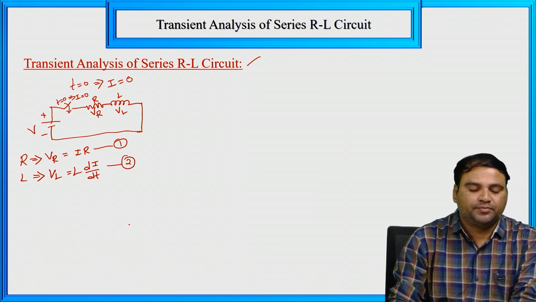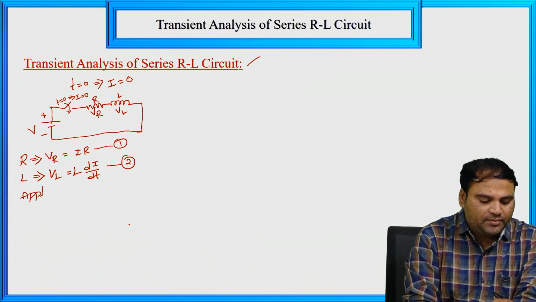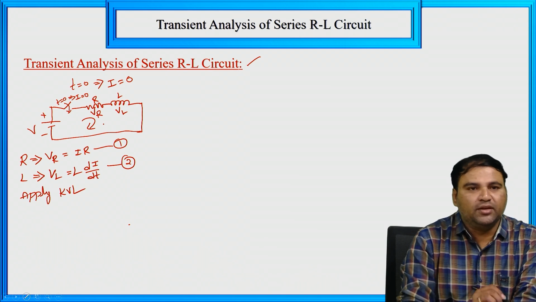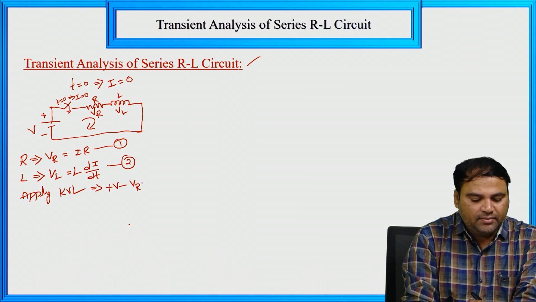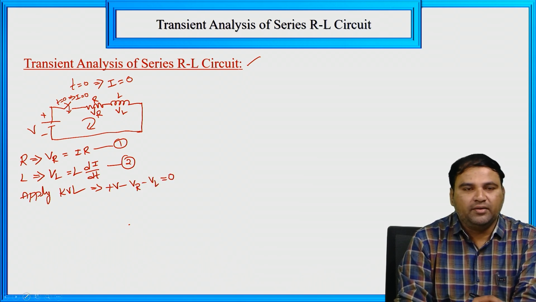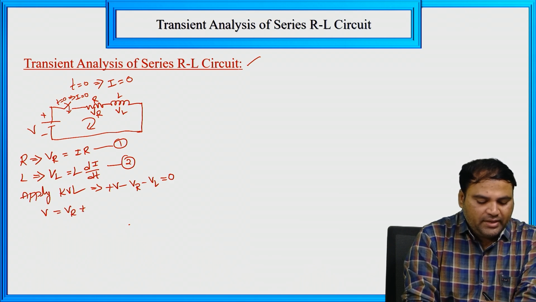Now we have to apply KVL in this single loop. We get plus V minus VR minus VL equal to 0, or we can also write V equal to VR plus VL.